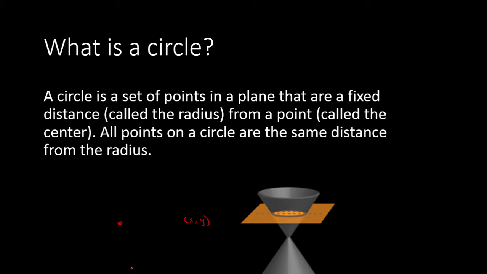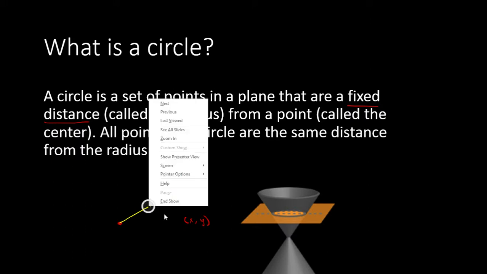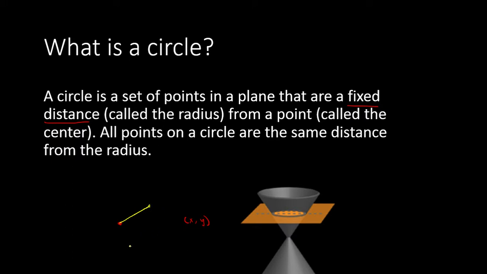Great. Now if you defined a radius, which is a fixed distance of some unit, for example, let's say we have a radius of 2 units. If I told someone to draw the radius and graph a point at the end of the radius, so if my radius is 2 units, 1, 2, graph a point at the end of the radius, and if I did this in every single direction away from the center point, I would end up with, well, first of all, a bunch of points, right?